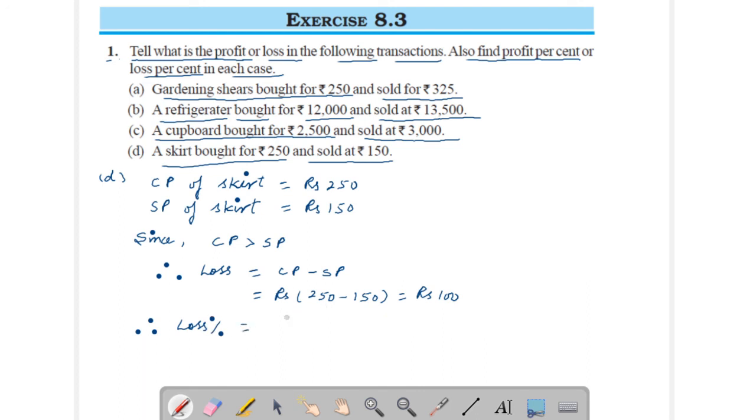Now loss percent. Loss percent is given by loss upon CP into 100%. Put the values. Loss is 100 upon CP, it is 250, into 100%.